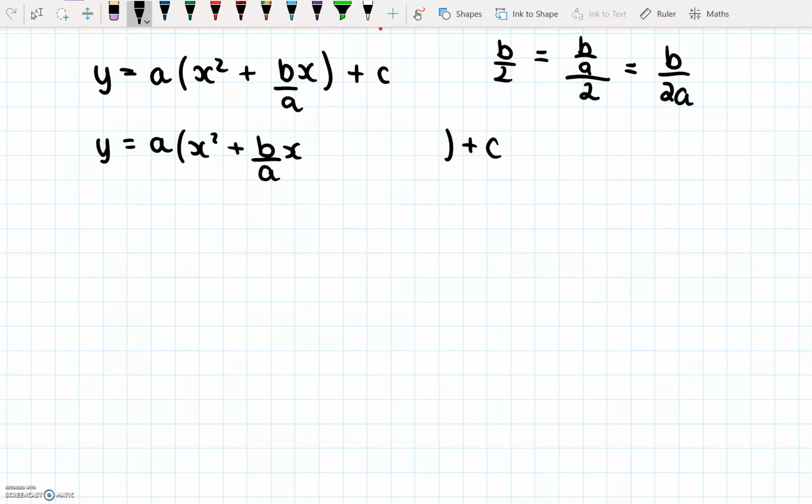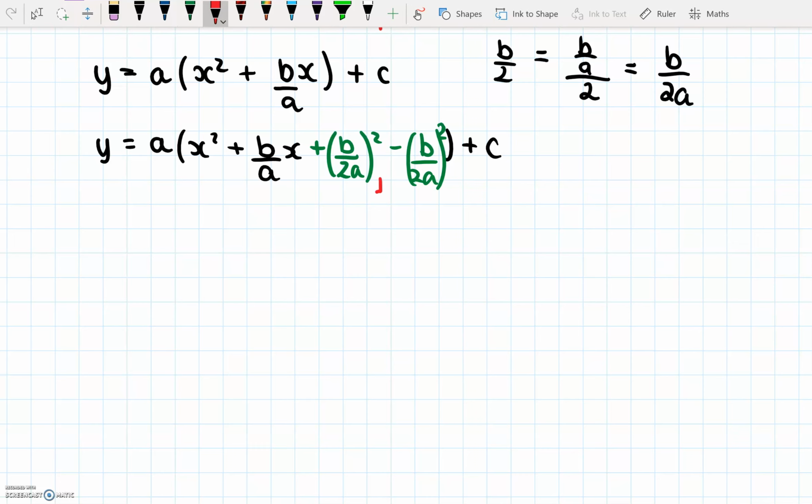So we're going to add b over 2a squared, and then minus b over 2a squared. The reason we do that is that the net effect is nothing; we're adding and subtracting the same thing, so we're actually adding 0.